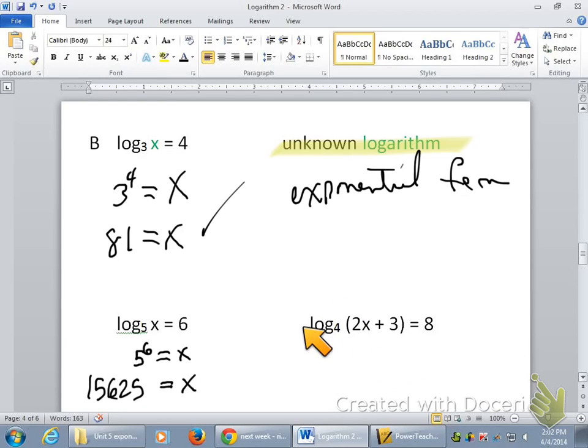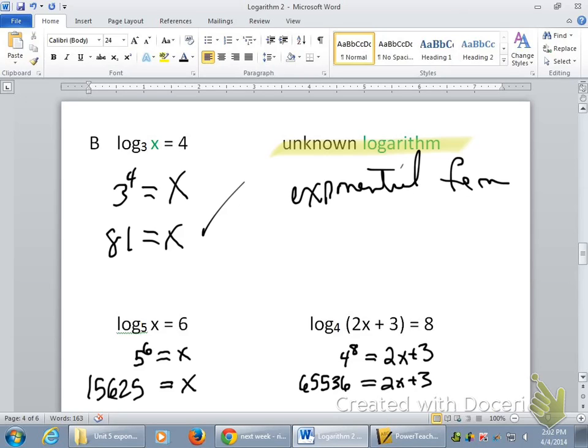So, how would I approach a problem like log base 4 of 2x plus 3? Okay, 4 to the 8th equals 2x plus 3. Before you do that, can you evaluate 4 to the 8th? Somebody help me out with that, please. 65,536.